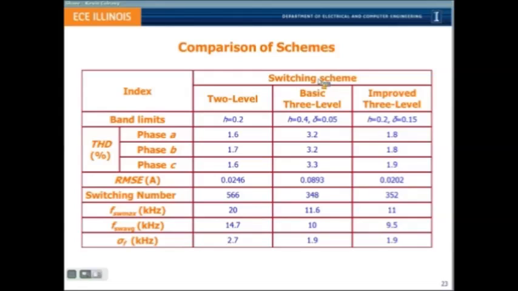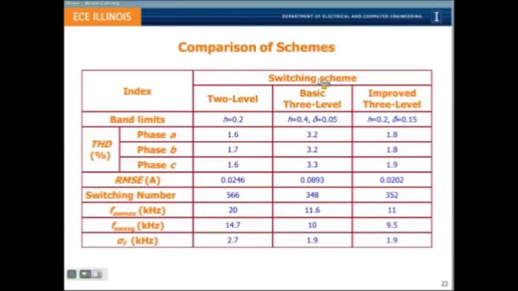So higher the switching number, higher is the switching losses. And this is the maximum switching frequency, average, and standard deviation. In the 2-level, we get very good performance in terms of tracking error and THD. They are pretty low. The 519 standard mandates a maximum THD of 5%. So they are all fine as far as the performance is concerned. But the switching number and switching losses are quite huge.